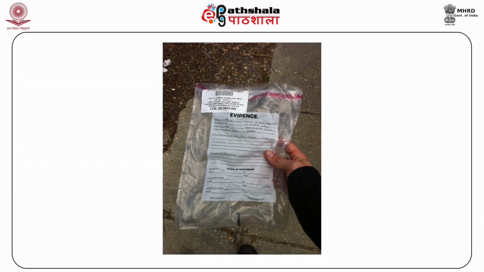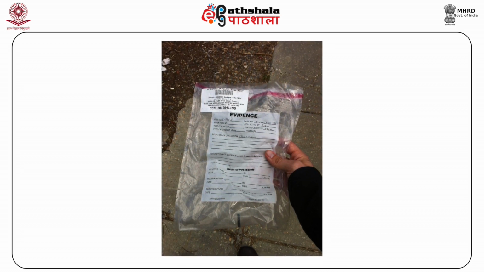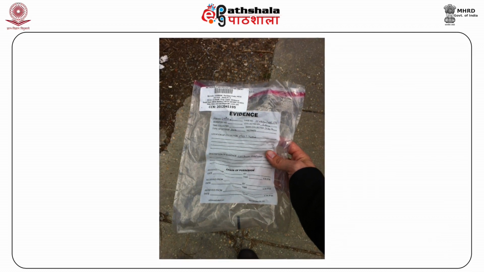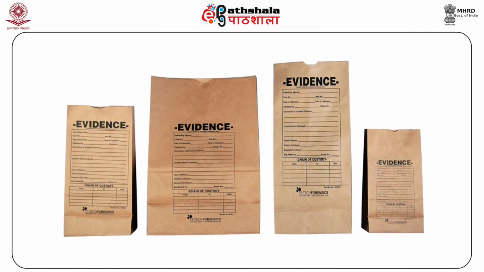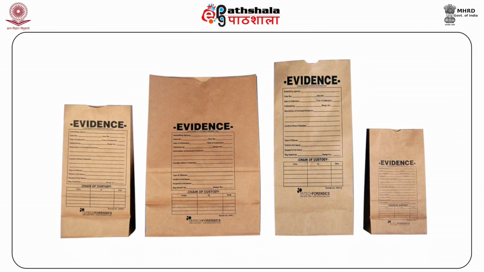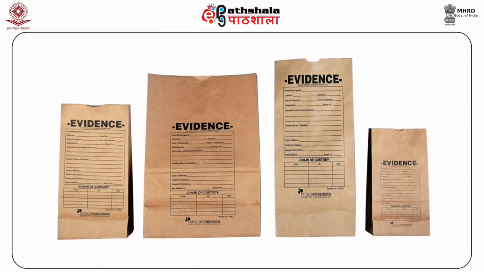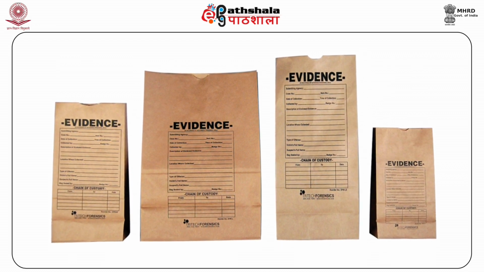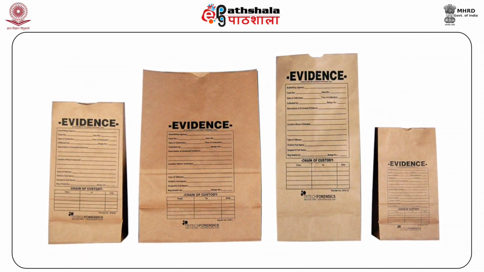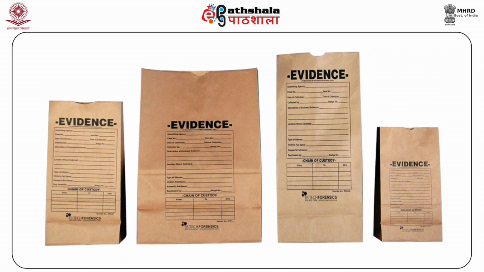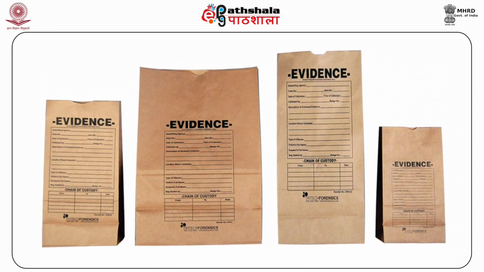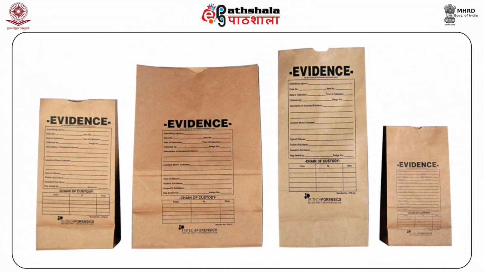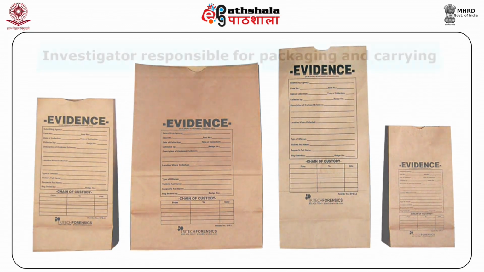Once evidence reaches a secure location, it is removed and allowed to dry completely. This is then repackaged in a new dry paper container. Note that the evidence should not be packed in plastic or paper containers for more than 2 hours because microorganisms start growing in it and destroy the evidence.